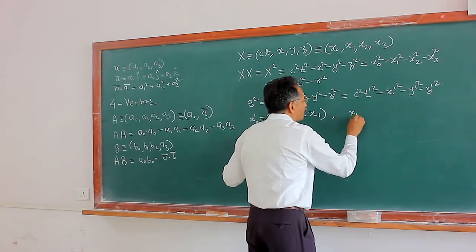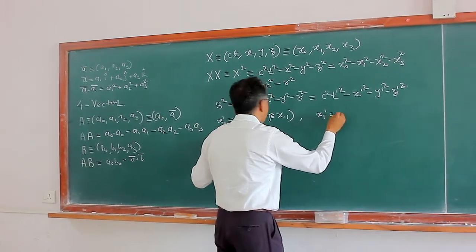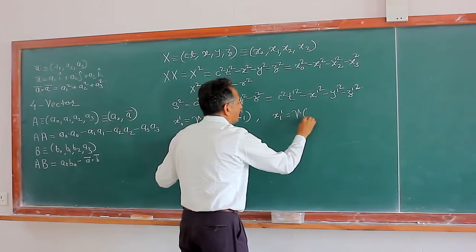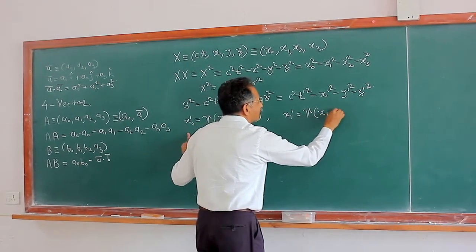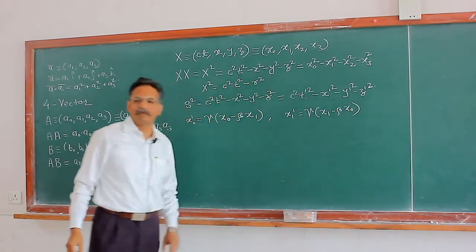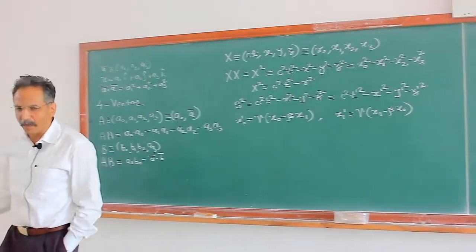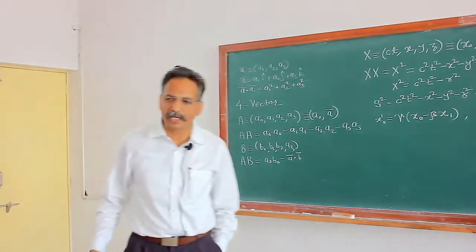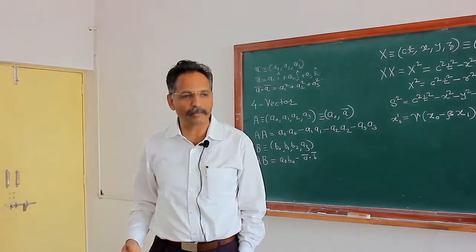Another one is x1 dash equal to gamma times x1 minus beta x0. This similar format we can explore for velocity transformation, momentum transformation, acceleration transformation, and so on.